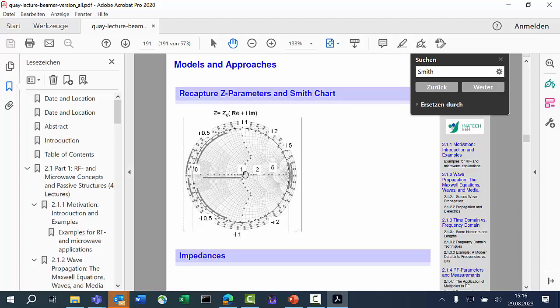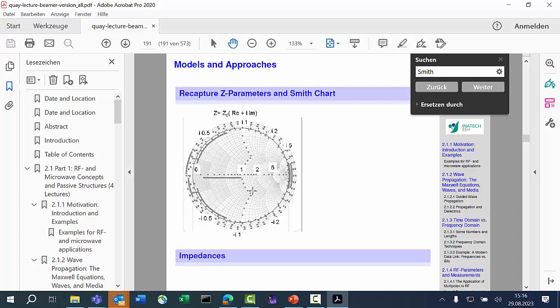Here you have the reference impedance times 1, and then as I just did, the reference impedance minus j times the reference impedance. If the reference impedance is 1, then it's 1 ohm minus j1 ohm, and if the reference impedance is 50 ohm, the same spot is 50 minus j50 ohm. So this is a generalized thing.